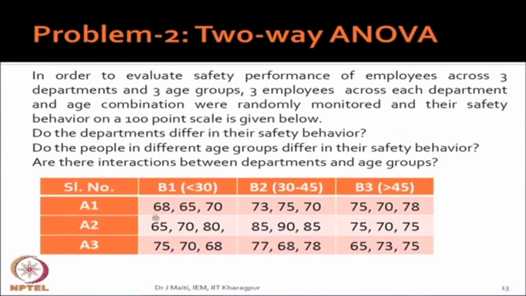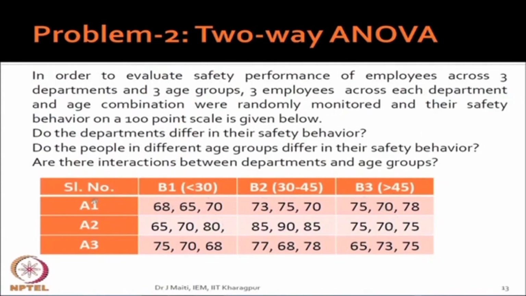As I told you, the issue is the safety behavior of a company across different departments and different age groups. We have considered 3 departments A1, A2, A3 and 3 age groups: less than 30 years of age, 30 to 45 years of age, and greater than 45 years of age.